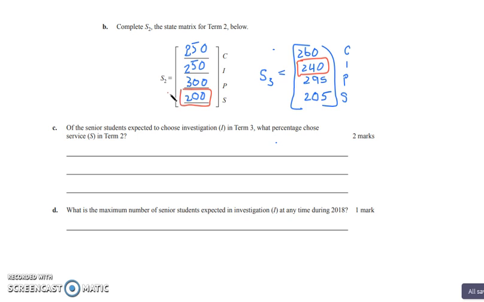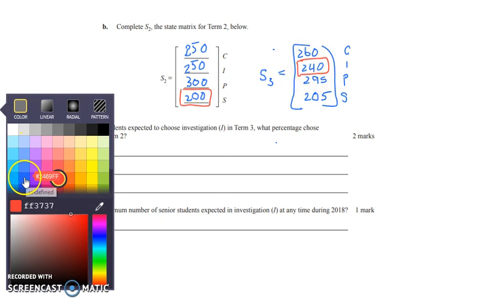So what we are looking at is those that are changing from service to investigation, and what percentage of these were in service. So let's go through our calculations.